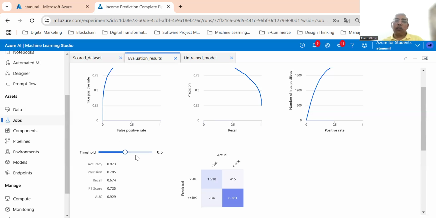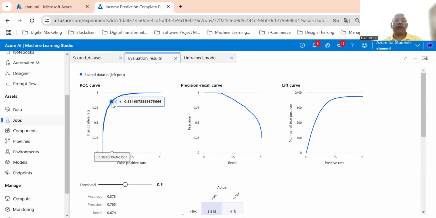So 0.5 is somewhere here. You can see here 0.5 is somewhere here. Okay. So if you have a cutoff of 0.5, what will be the true positive rate and the false positive rate? Again, you cannot minimize both. If you minimize one, the other will also get minimized. Okay. If you maximize one, the other will also get maximized.